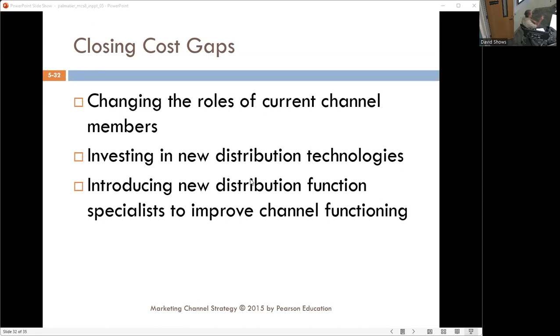One caveat in all of these is you have to be careful not to close the wrong gap. You must have an intimate understanding of what gaps consumers are concerned with.